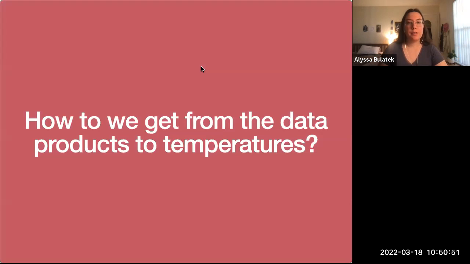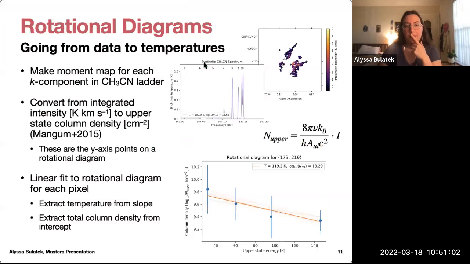All right, so now that we know where the emission is and how much emission there is in what place, how do we make those rotational diagrams we were looking at earlier? Because that's what's going to get us the temperatures. If you recall from earlier, for each of the individual rotational components in the methylcyanide ladder, we need the column density of the material in that component.